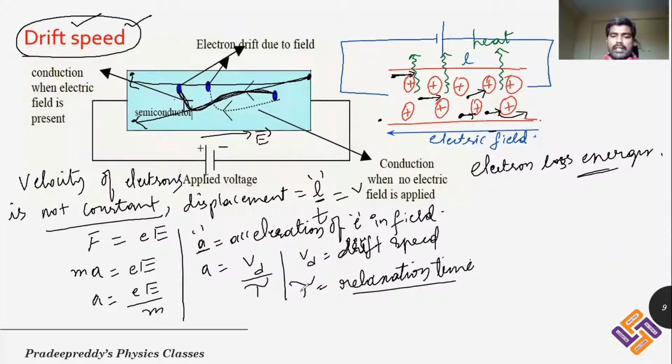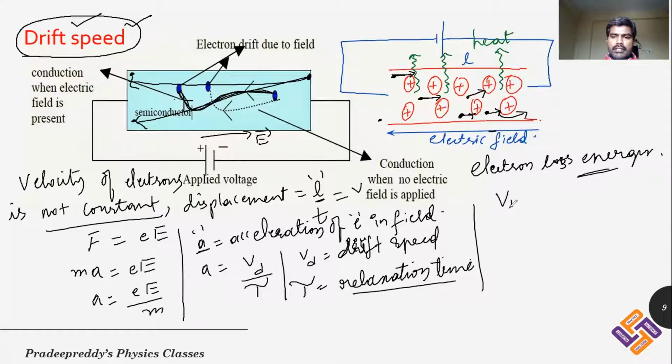What is relaxation time? The time between two successive collisions of the electron is called relaxation time. Okay, now I'll substitute that Vd and tau in this basic equation.